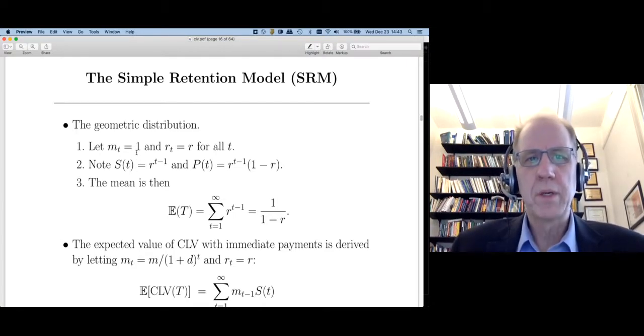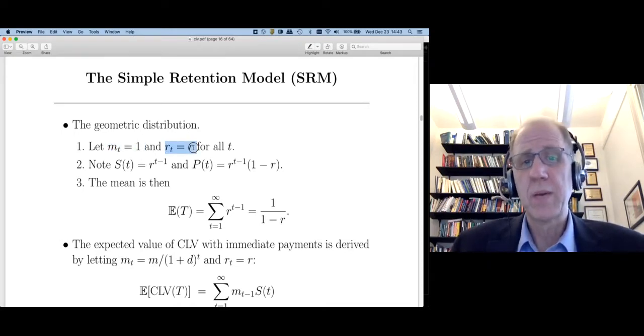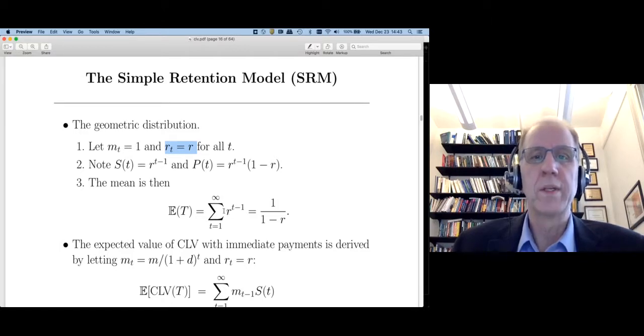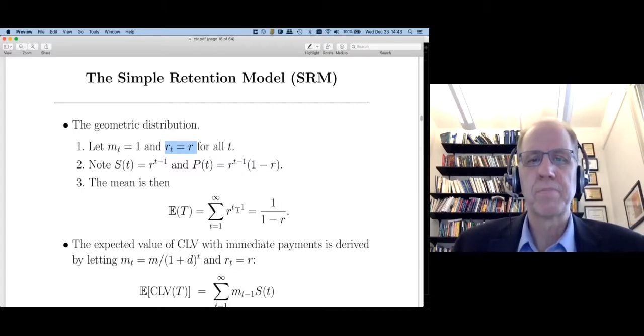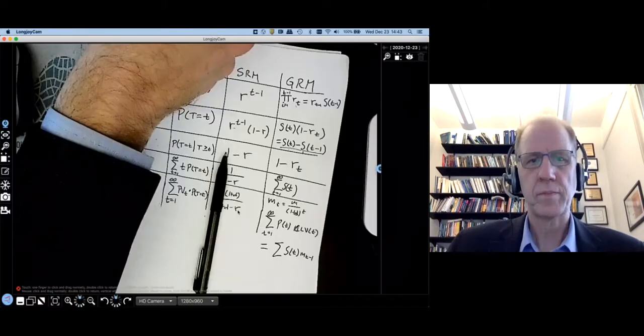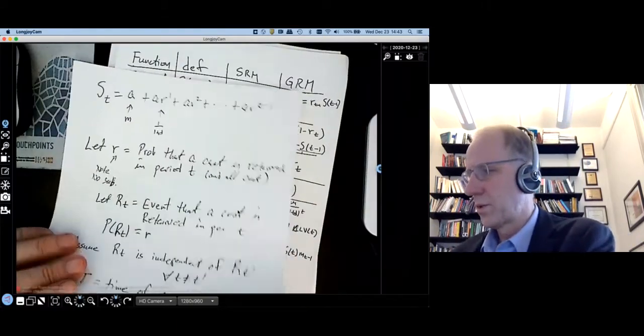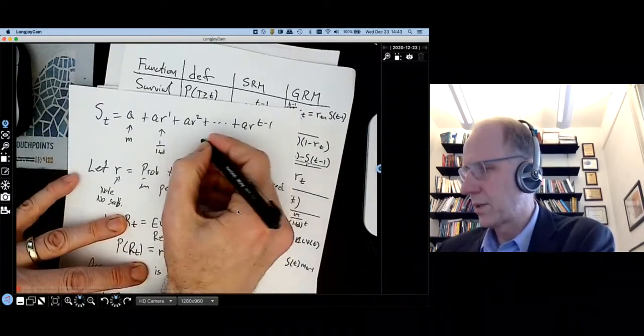If I drop in the value 1 for m sub t, so every period counts once, and I assume the same retention rate for all periods, then we need to go find the sum of 1 times r to the t minus 1, which we recognize as a geometric series back in calculus. So let me just remind you the limit.